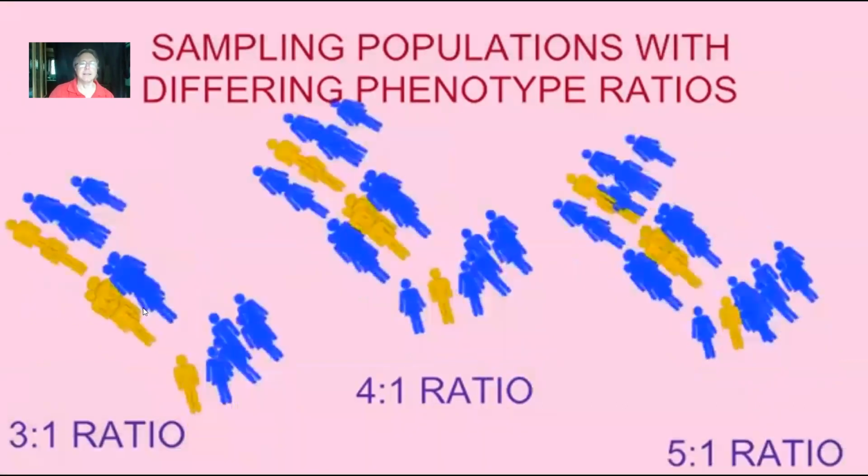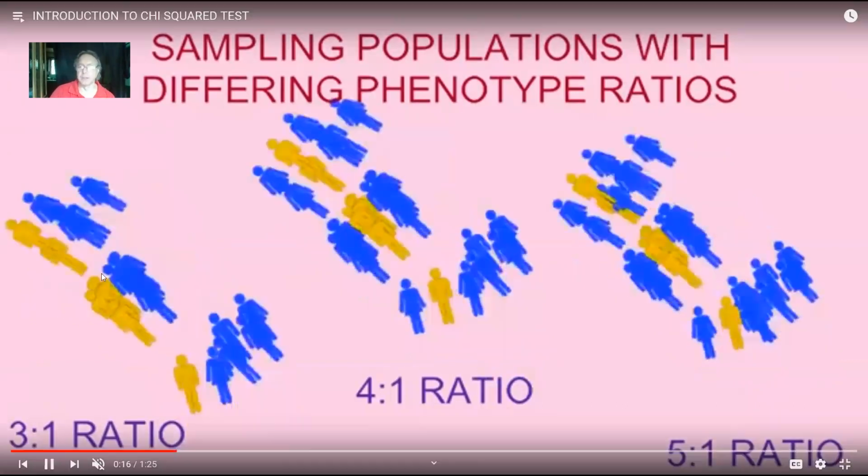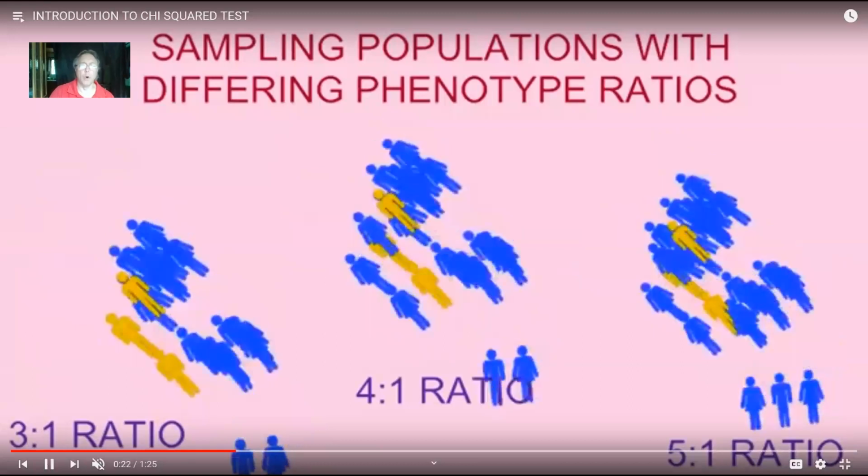So it's true when you group a large enough population. So let's say that this is a 3 to 1 ratio. Let's say this is a 4 to 1 ratio. And let's say this is a 5 to 1 ratio. Now, if I'm not going to sample all of them, then just by dumb luck, as I sample this, I might take a few more of the yellow individuals and a few fewer of the blue.